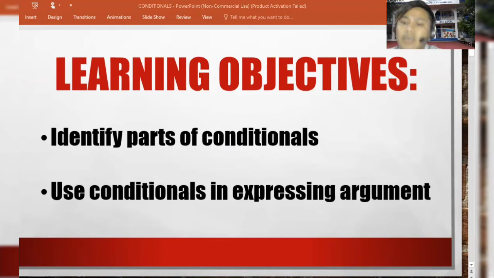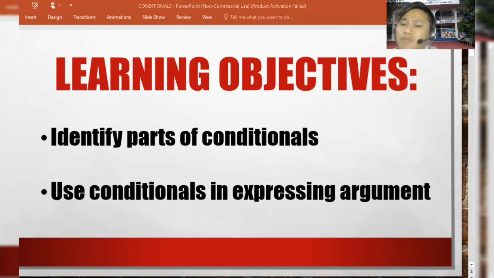Okay, so with this, you are expected to identify the different types and ways in writing conditionals. And number two, you are going to use conditionals in expressing your arguments.